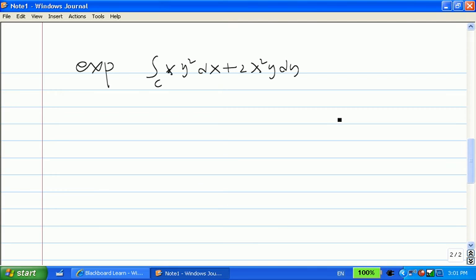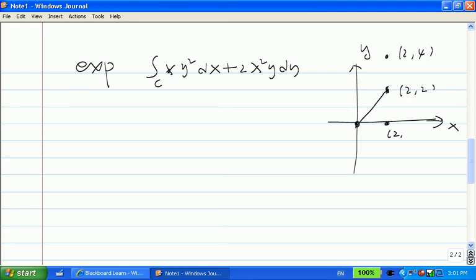Okay, the C here is a triangle with the 3 vertices 0, 0, 1, 1 is here, sorry, 2, 2. Another point here is 2, 4. Okay. So these 3 points make a triangle. Okay. Our C is these 3 line segments counterclockwise.